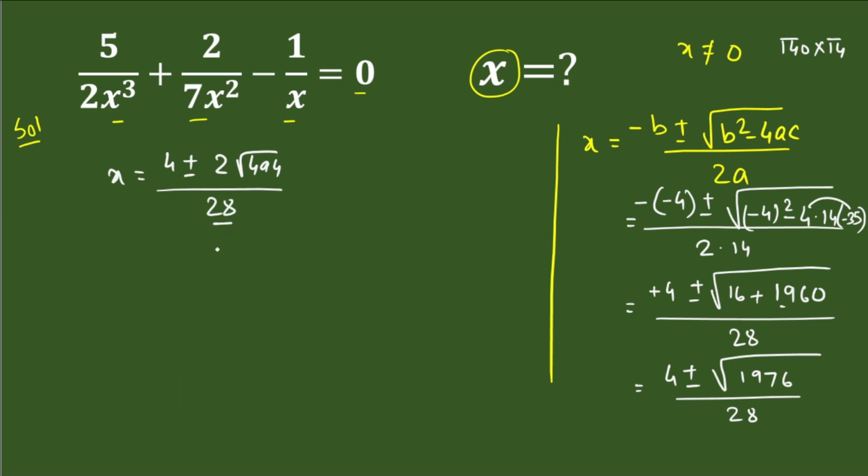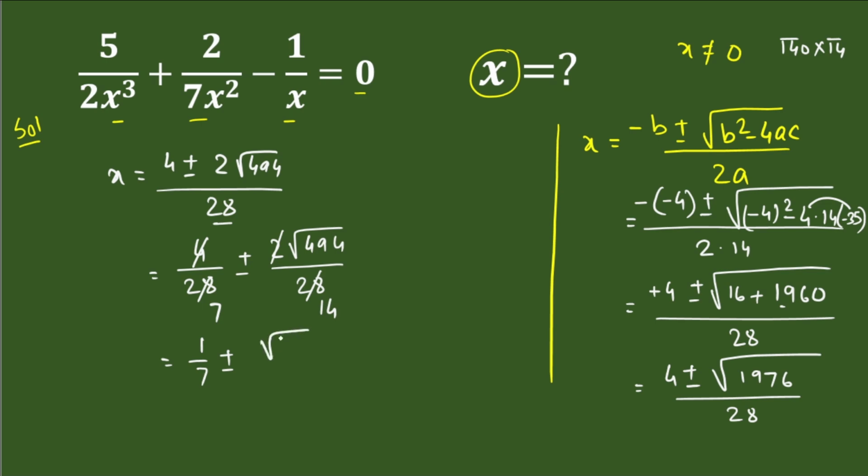Now this 28 we'll separately write under all the numerator terms. So we can write 4 over 28 plus minus 2 square root 494 over 28, right? Now if we simplify, 4 times 7 is 28, so it is 1 over 7, and plus minus, 2 times 14 is 28, so it is square root 494 over 14.